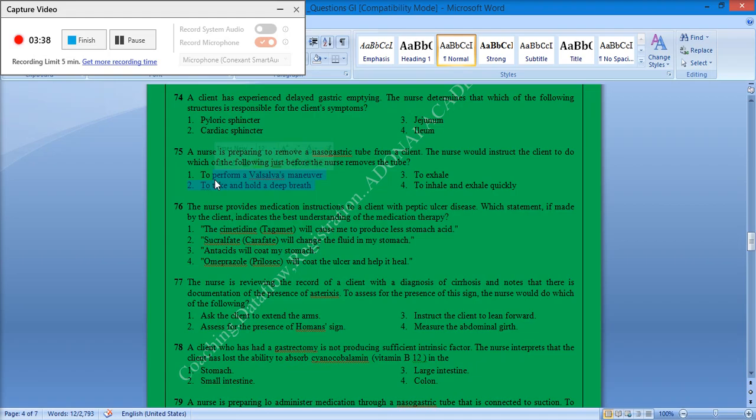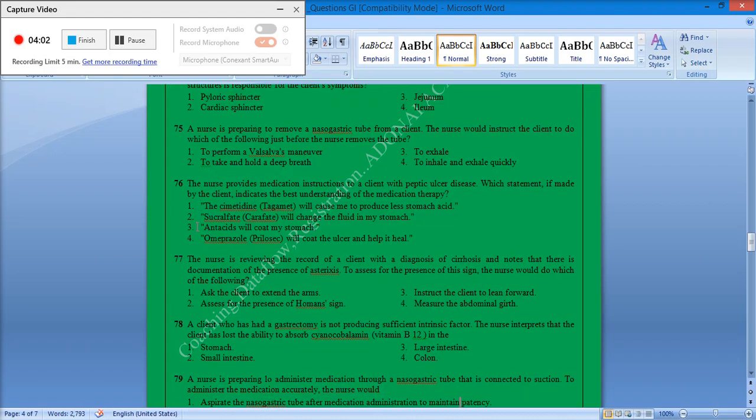Sucralfate will change the fluid in my stomach. 3. Antacid will coat my stomach. 4. Omeprazole will coat the ulcer and help it heal. The correct answer is 1. The cimetidine will cause me to produce less stomach acid.